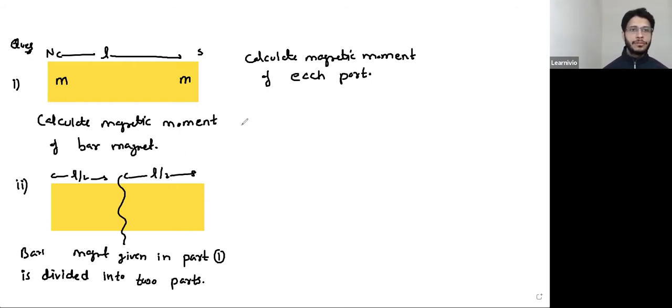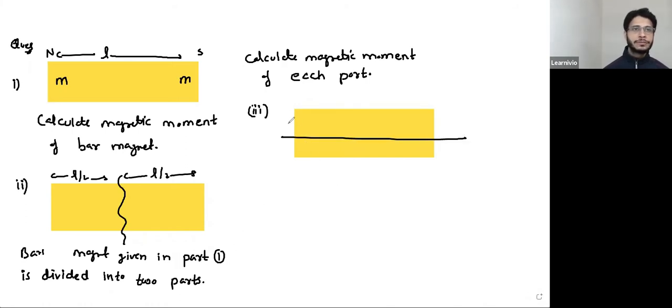In part 3, I'm dividing the same bar magnet into two parts in this way. This is the bar magnet. I'm dividing it into two parts parallel to its length. So the two bar magnets will look like this.